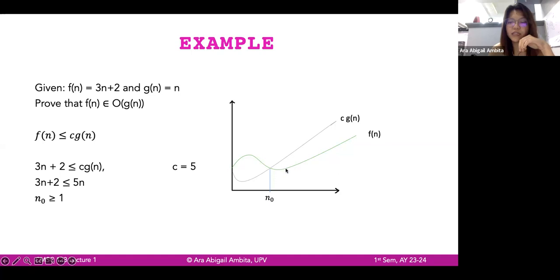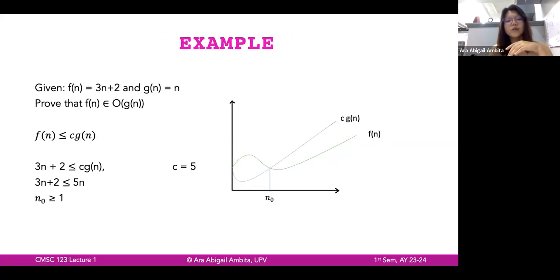One way to understand that is that after some input size n naught, which is equal to 1, with the constant value of 5, f of n equals 3n plus 2 will always be contained in the function 5n. Meaning after input size 1, 5n will always be bigger than, or will grow as fast as, 3n plus 2.